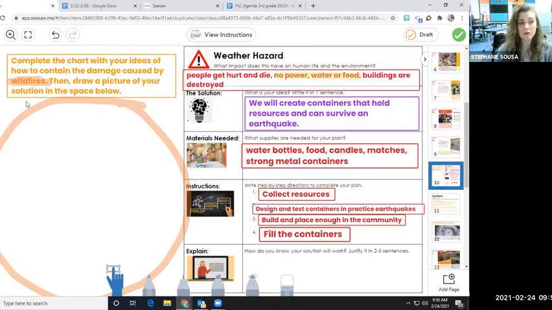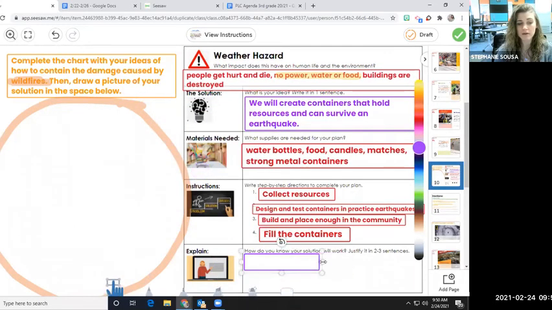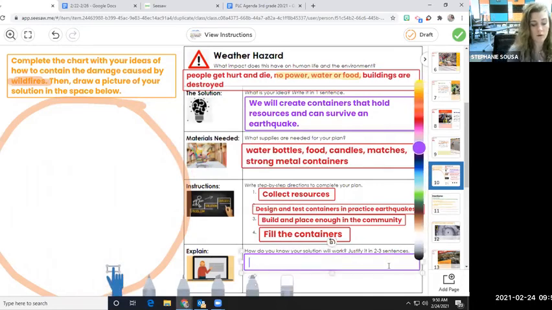Okay, so how do you know your solution will work? We have to identify the problem that we've said. Humans need food and water.